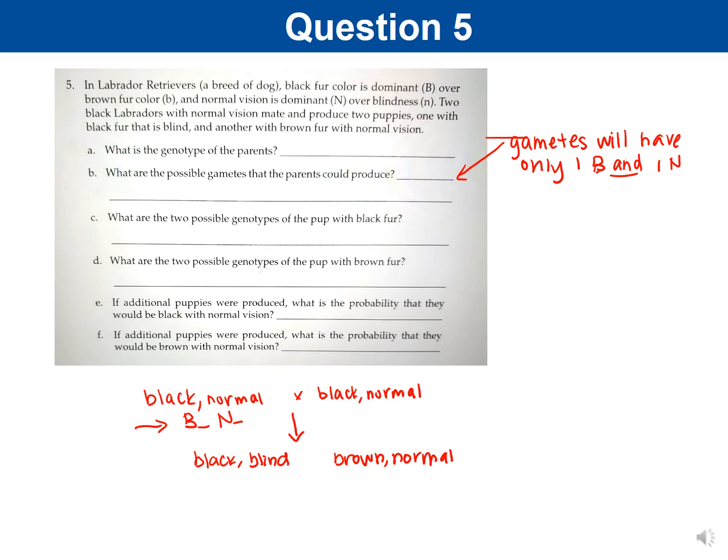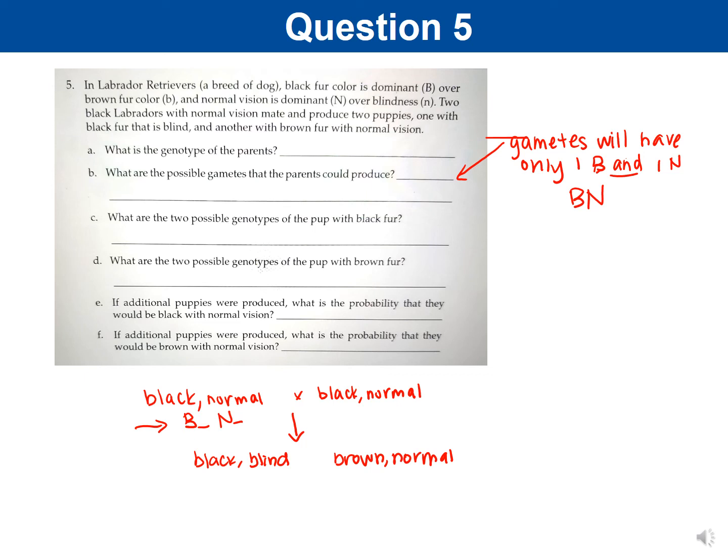For example, one possible gamete is big B, big N. That's a gamete. It only has one B and one N. So when you're talking about gametes, they only have one of each letter.